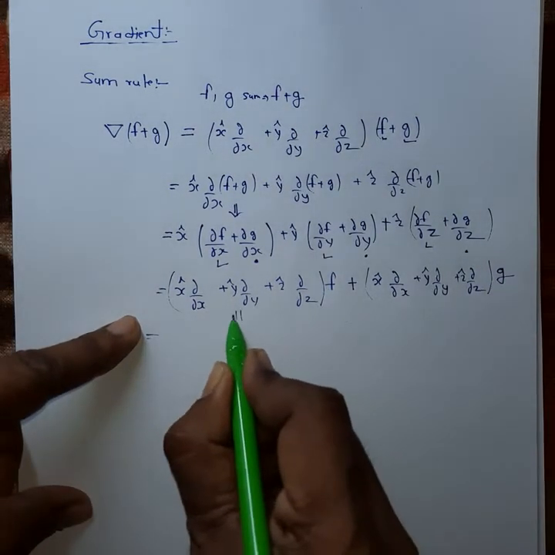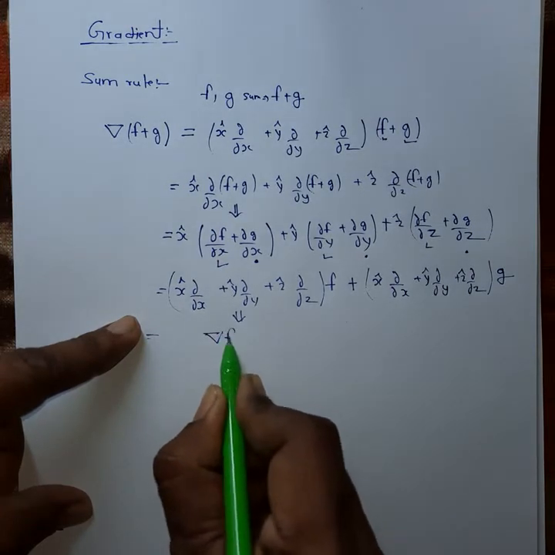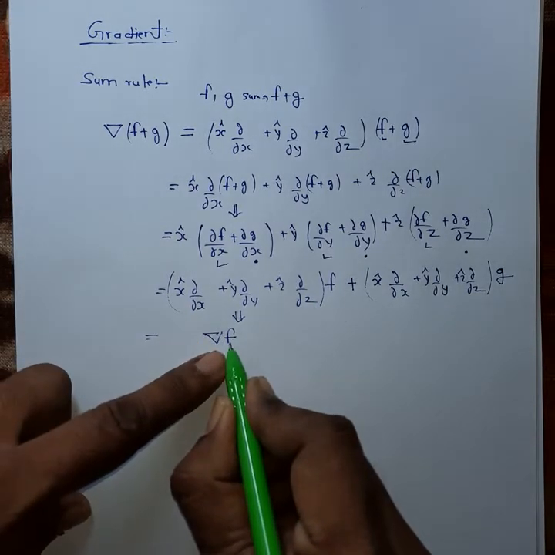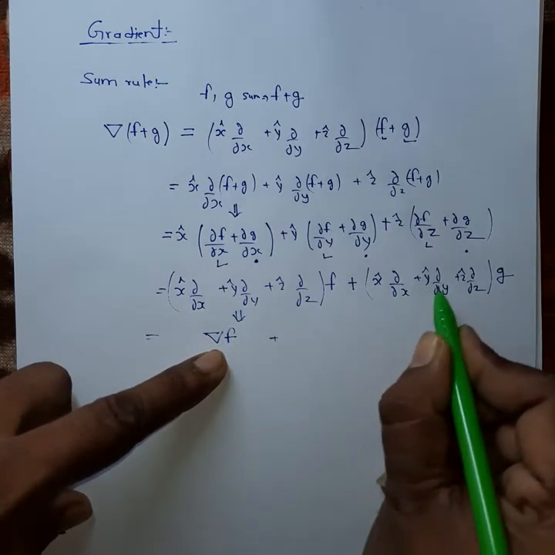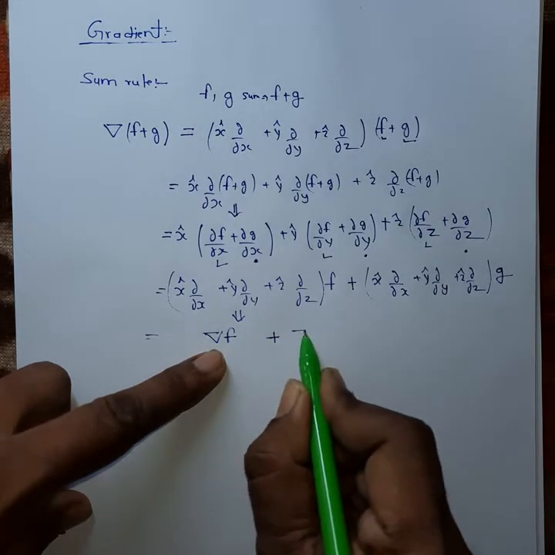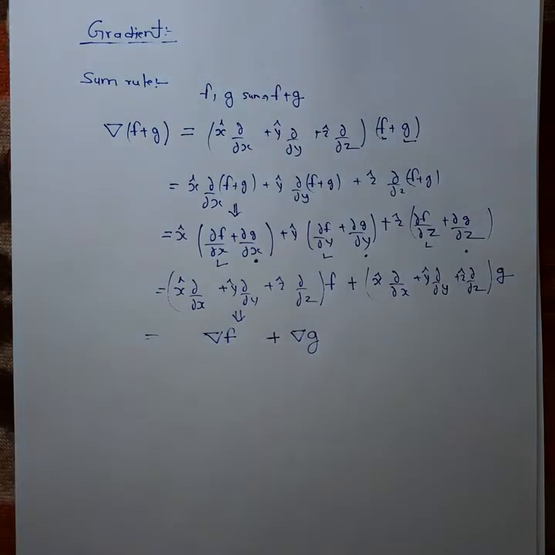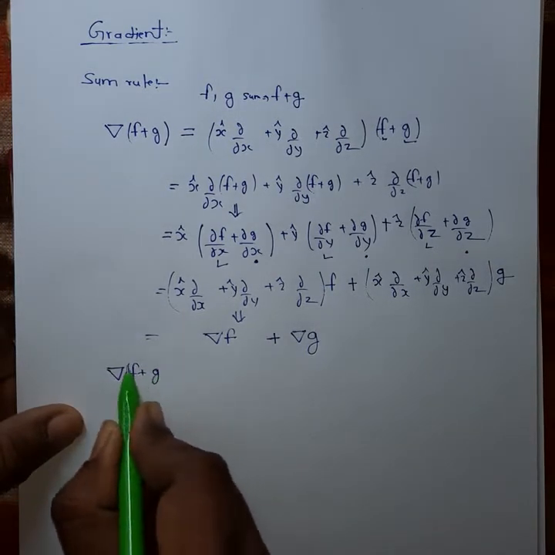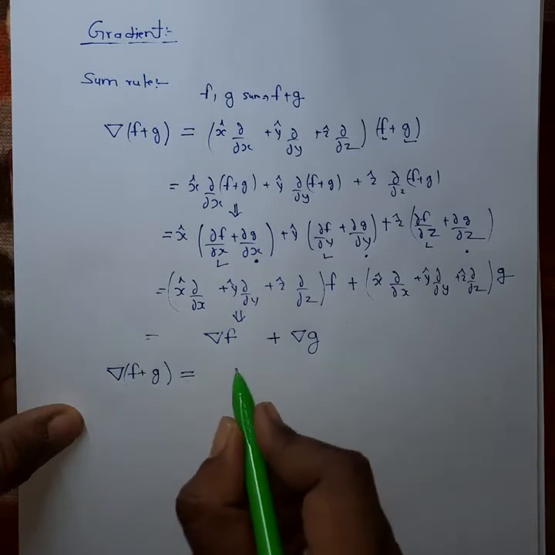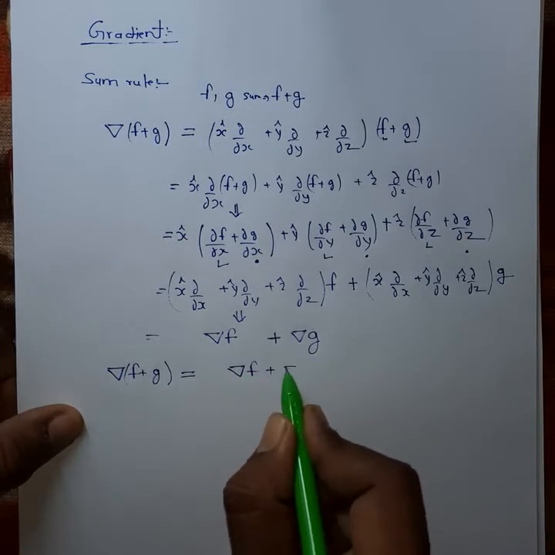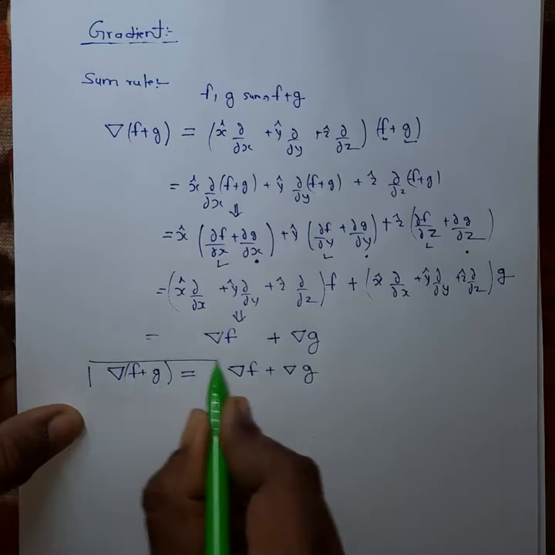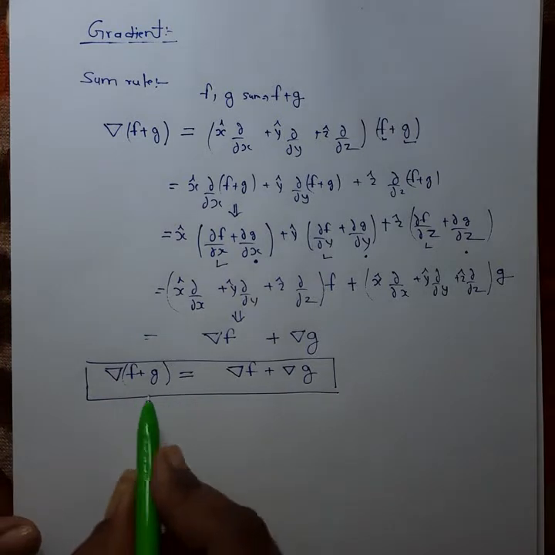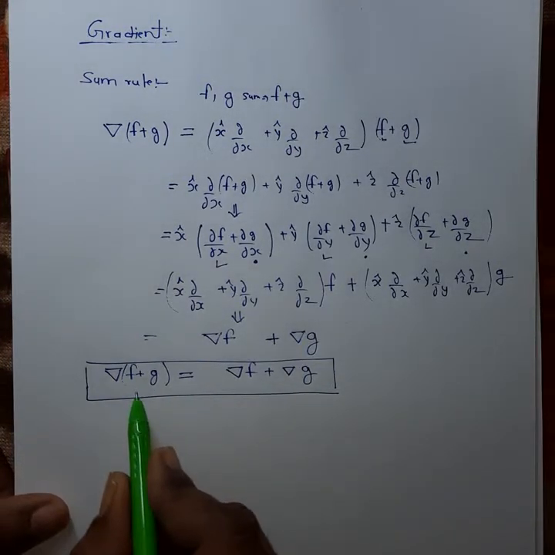So this term, you know, is the gradient, the del operator acts on f, similarly del acts on g, so you can write it del f plus del g. So this is the sum rule for gradient. So del of f plus g can be written as gradient of f plus gradient of g.